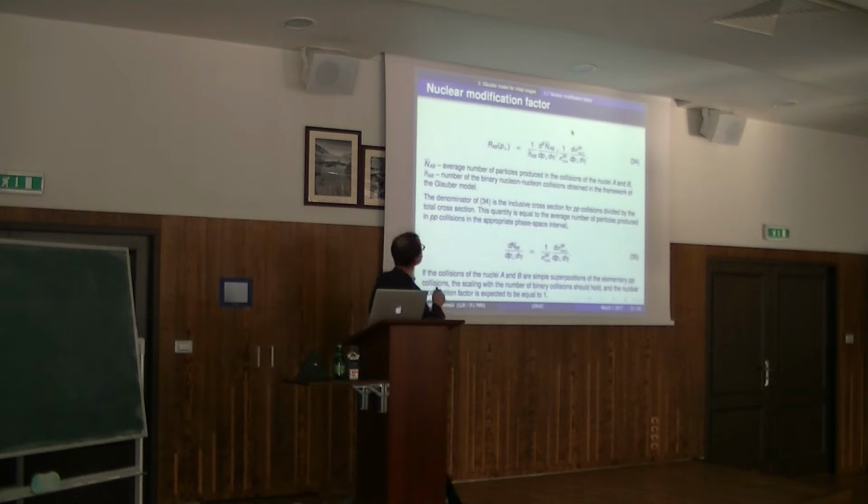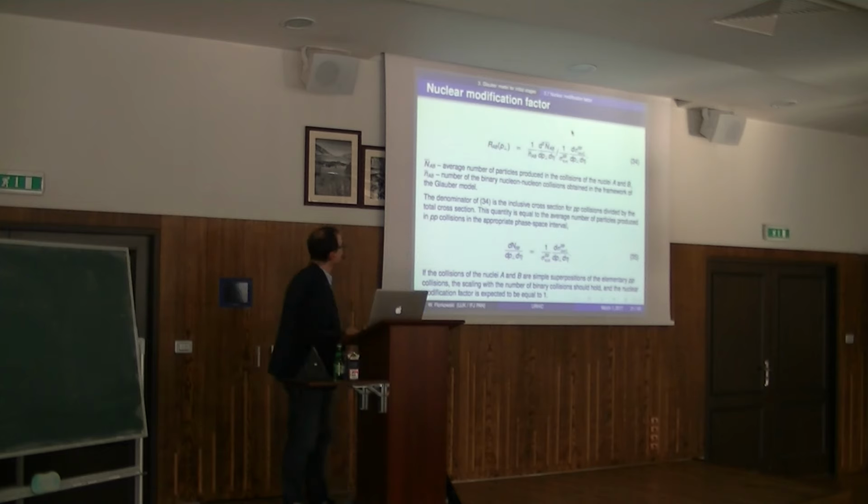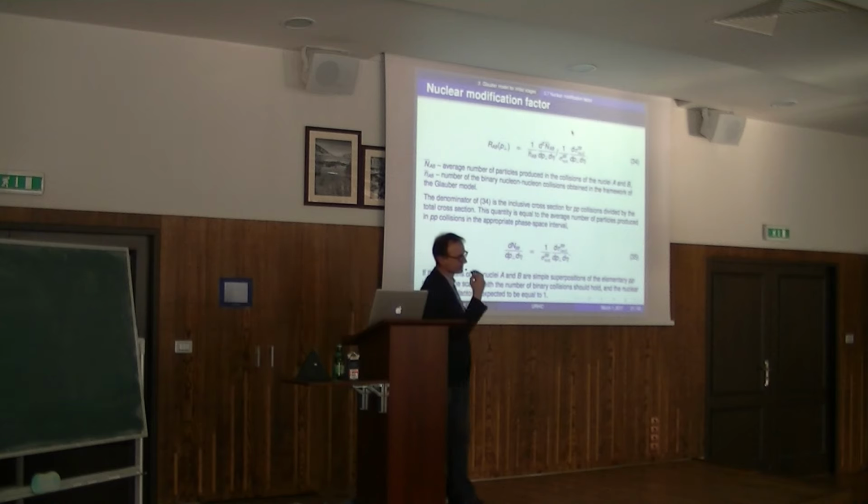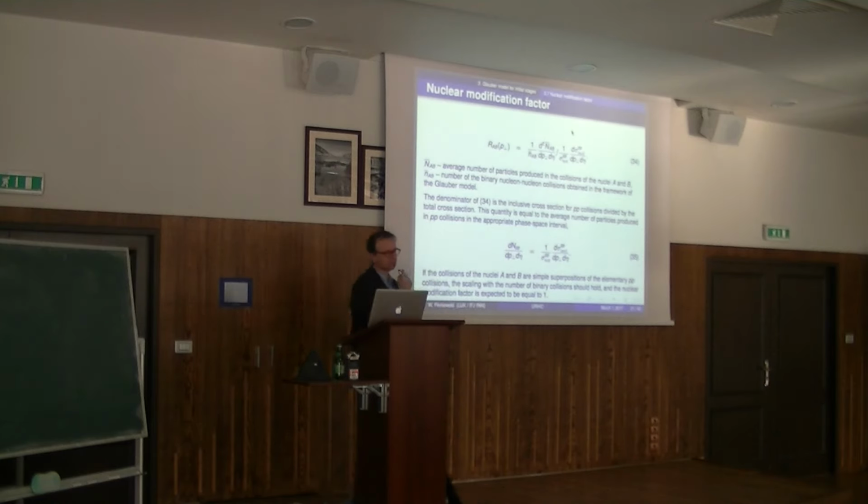One slide about the nuclear modification factor, because this is what is shown very often in the data. It is exactly related to the general idea that the production of hard particles with large pT should scale with the number of binary collisions.